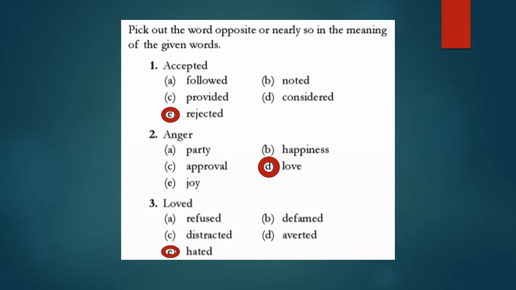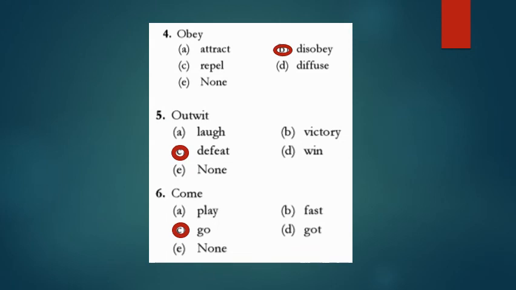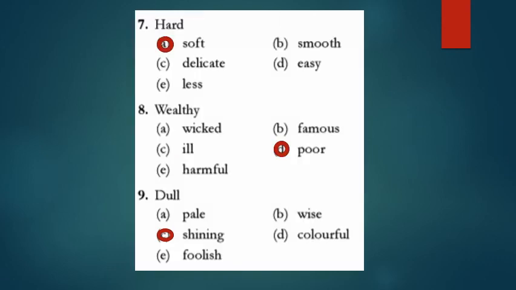All these are quite simple. Obey, B, disobey. Outwit, C, defeat. Come, C, go. Hard, A, soft. Wealthy, D, poor. Dull, C, shining.